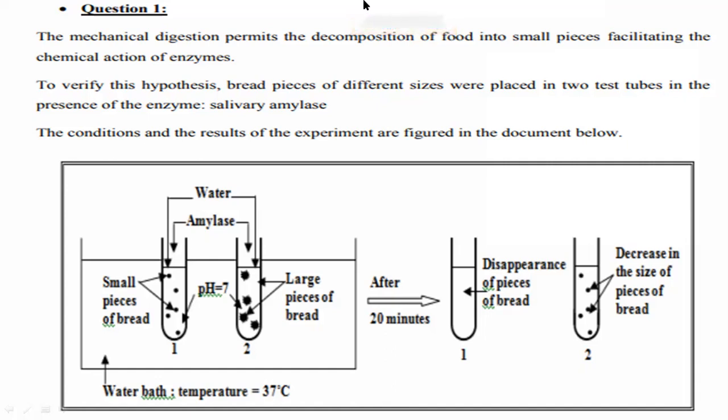So let's repeat. Pay attention, Alma, and pay attention, Hadil, please. So in tube 2, after adding water and amylase to tube 2 containing large piece of bread at pH equals 7, where the temperature was 37 degrees Celsius, full stop, after 20 minutes, there is decrease in the size of the pieces of bread. What does this indicate?